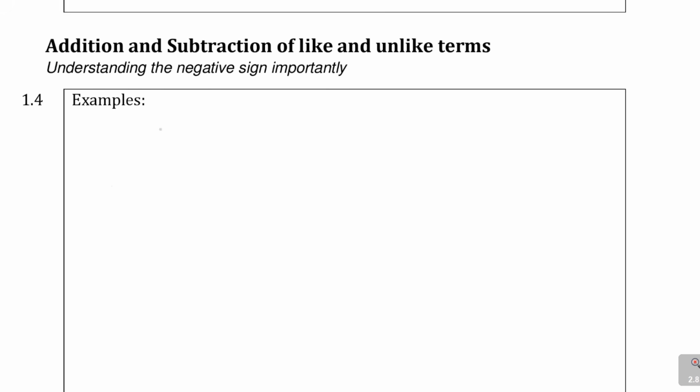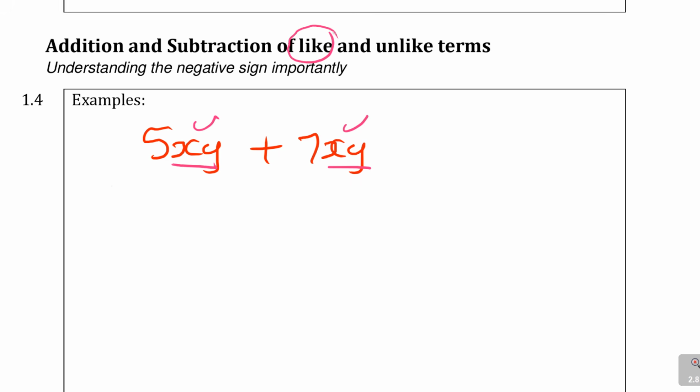If I say I have got, for example, 5xy plus 7xy. So what you have to focus on are the variables. Is it xy this side? Yes. Is this xy this side? Yes. Which means they are the same, like terms. They belong to the same group.